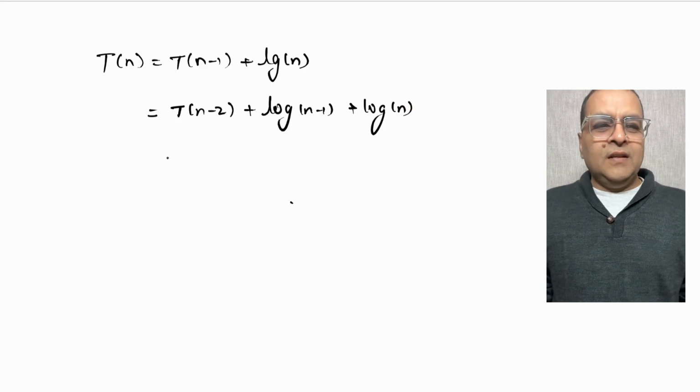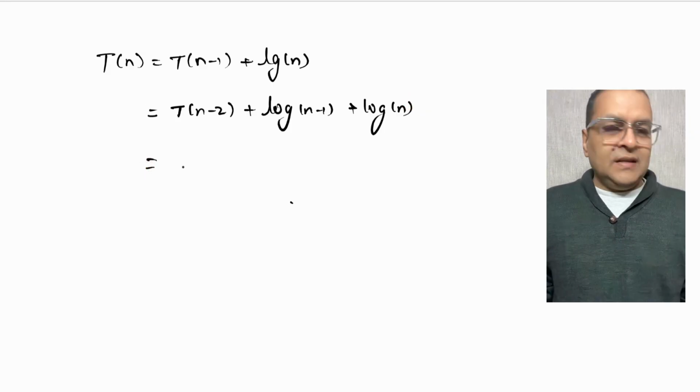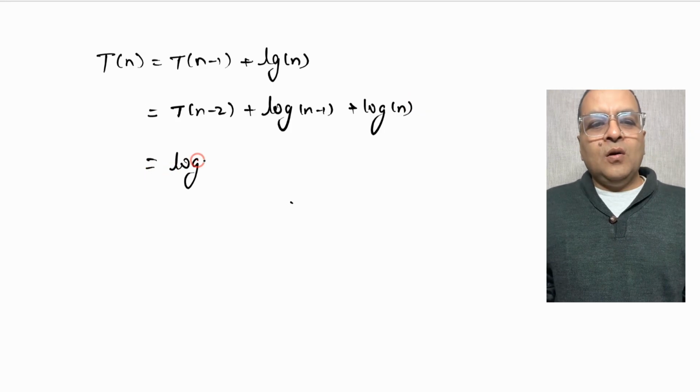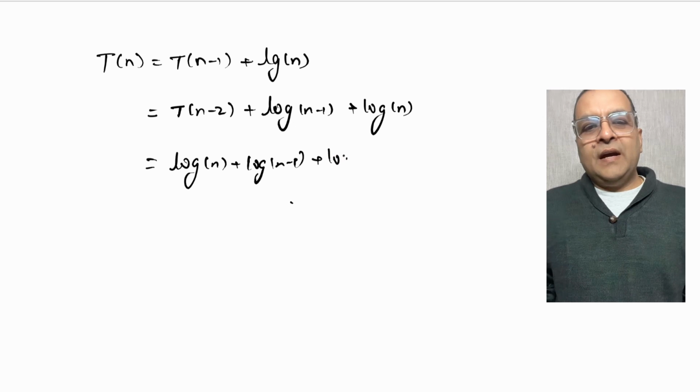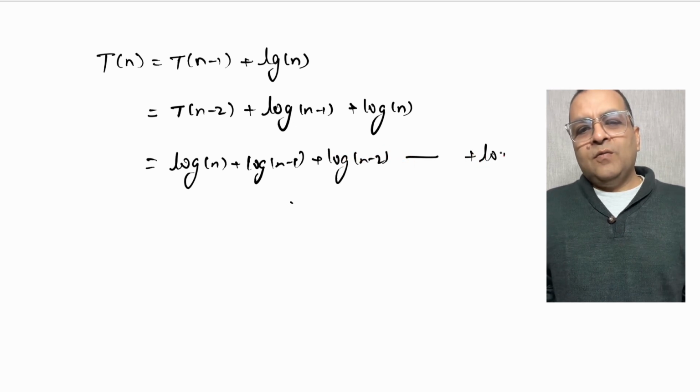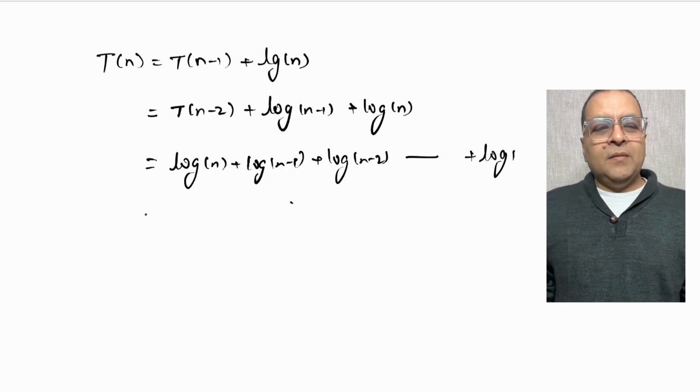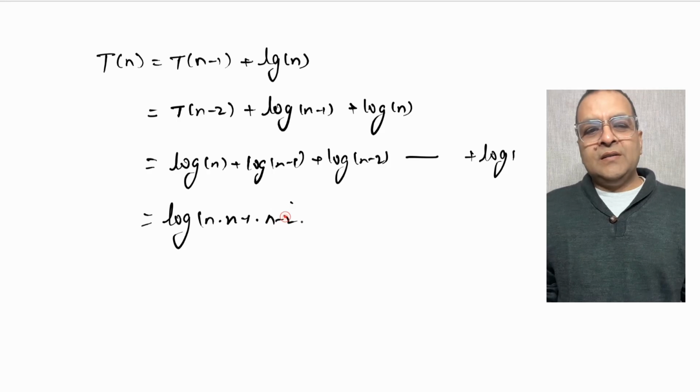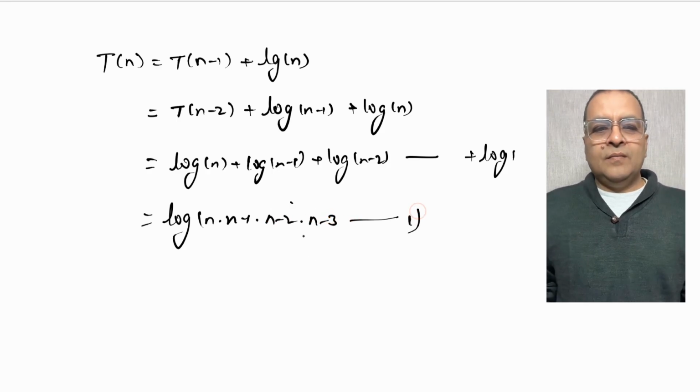If you expand it further, you will get that this is equal to log of n plus log of (n-1) plus log of (n-2) and so on plus log of 1. If we use the logarithmic formulas, this will be log of n into (n-1) into (n-2) into (n-3) and so on up to 1.